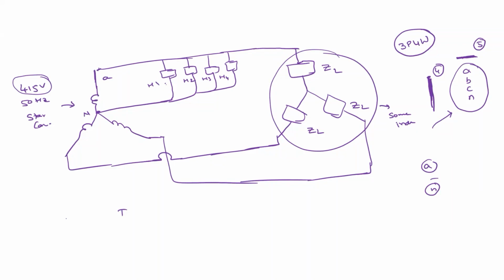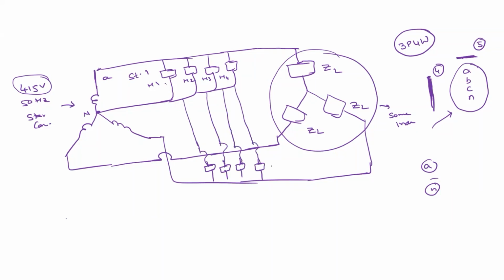Let us assume there are 3 streets in your colony. So this is street 1, right? Similarly, street 2. Where is that other wire? So this is the one. This is neutral, right?